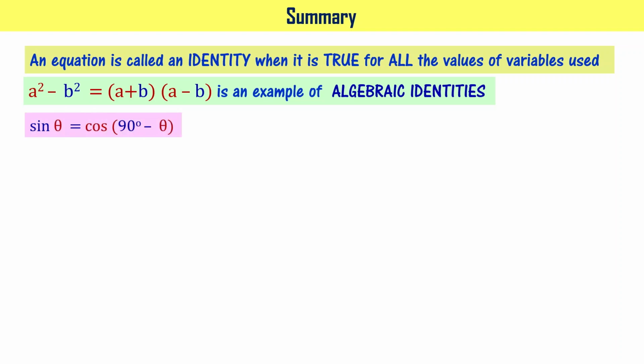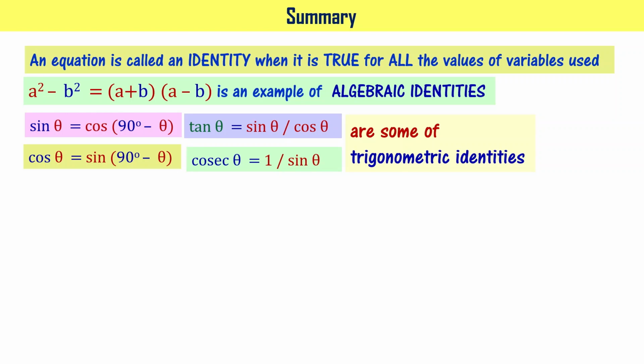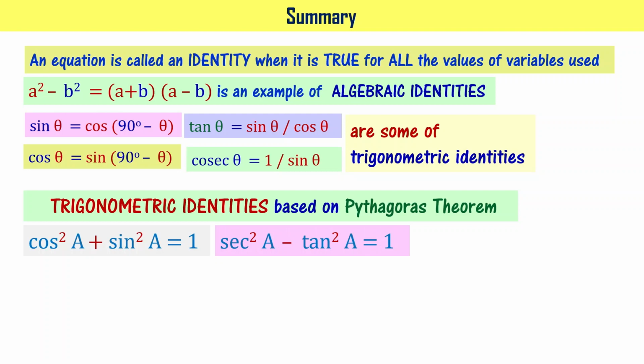Sin theta equal to cos 90 minus theta, cos theta equal to sin 90 minus theta, tan theta equal to sin theta by cos theta, cosec theta equal to 1 by sin theta, are some of the trigonometric identities. And trigonometric identities based on Pythagoras theorem are cos square a plus sin square a equal to 1, sec square a minus tan square a equal to 1, cosec square a minus cot square a equal to 1. Please take a note of this.